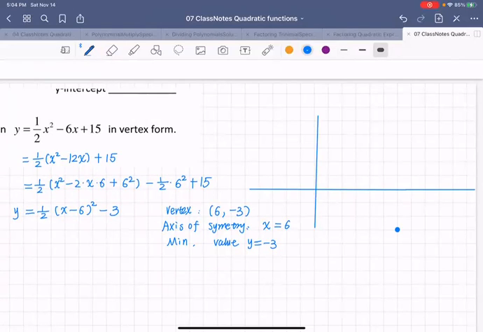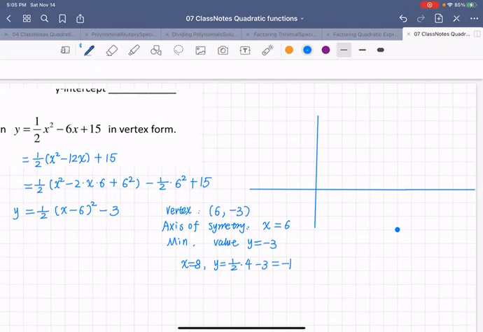Let's give a few more points. I don't want to choose x equals 7, because when x equals 7, that's 1/2, not an integer. Can you use 8, so that we can have more integer points? When x is 8, y equals this one times 4 minus 3, that's negative 1.